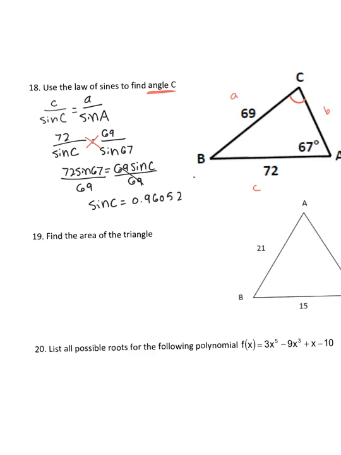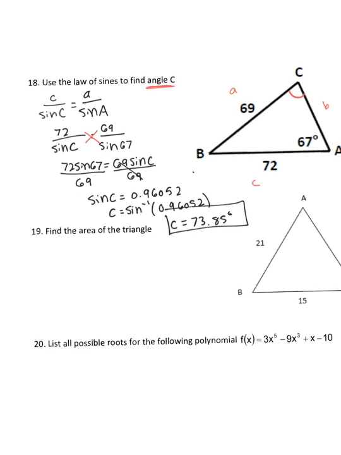I don't want sine of C, I want angle C, so I'm going to take the inverse sine, or arc sine, of this number. Type that in your calculator, and that should give you 73.85 degrees, and that is your answer for angle C.